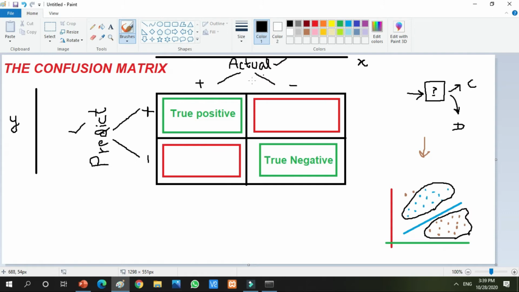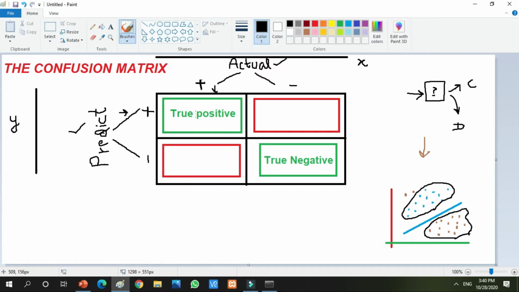So first of all, the first thing on the x-axis is this positive sign, means in actual the dog is present, the picture you are inputting is a dog, and if you intersect this actual column with the predicted column, there is a positive and there is a positive also.